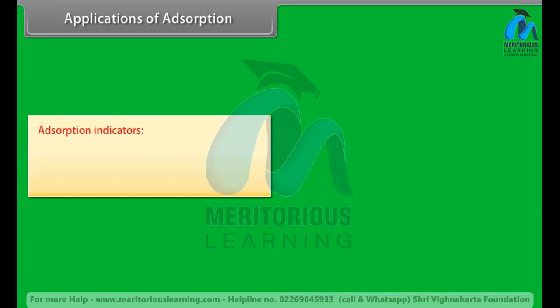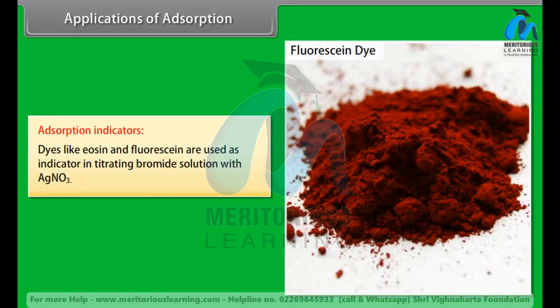Adsorption indicators. Dyes like eosin and fluorescein are used as indicators in titrating bromide solution with AgNO3, as the precipitate of silver halide has the property of adsorbing these dyes and thereby producing characteristic deep colors at the end point in the titration.